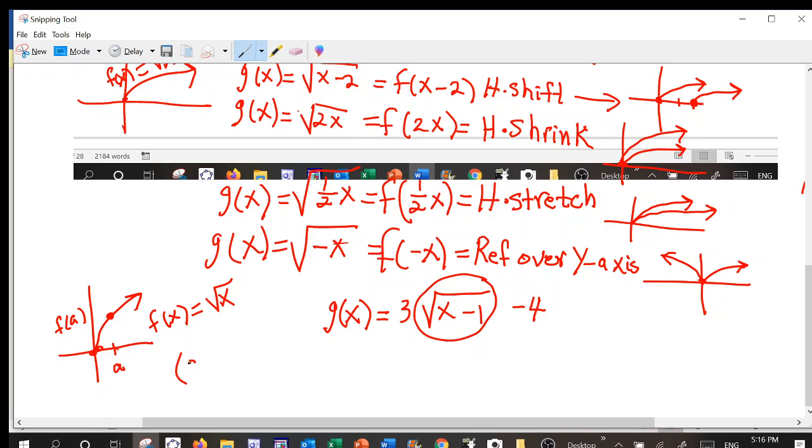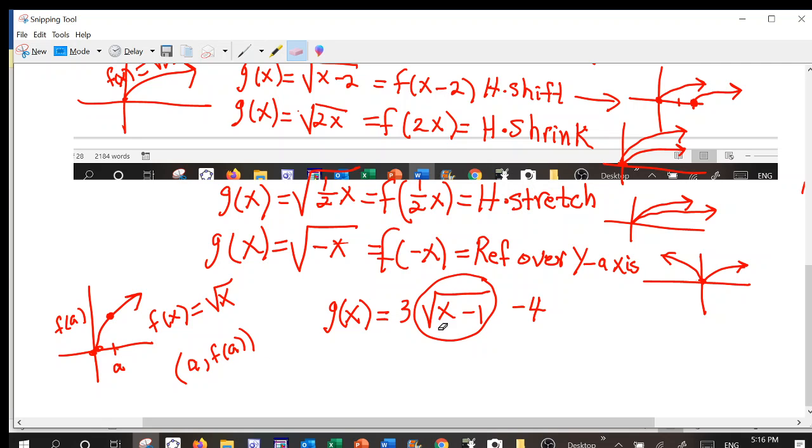So we call that a and f of a, right? Now, when we go through this transformation, what happens to a general point on this function? What happens to a, which is the x coordinate, and what happens to the y coordinate?